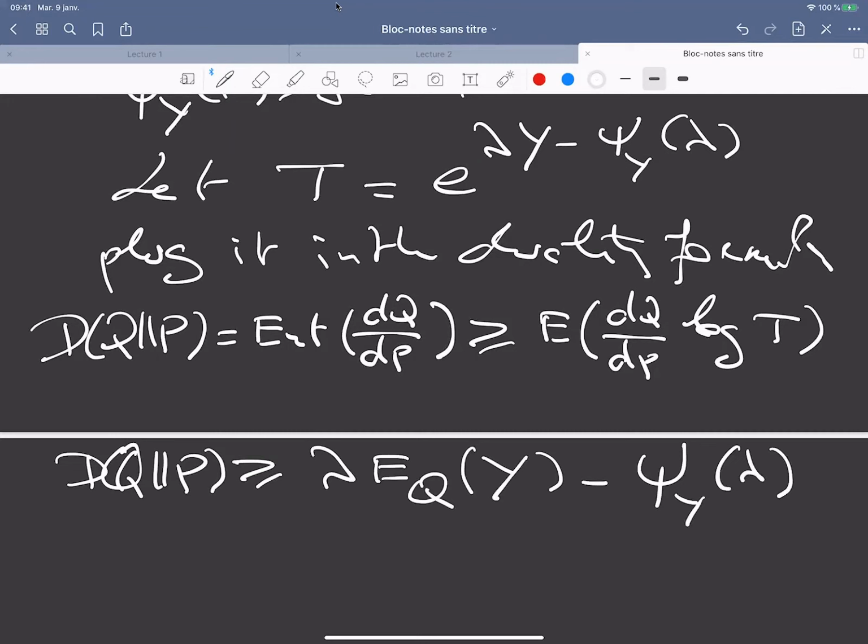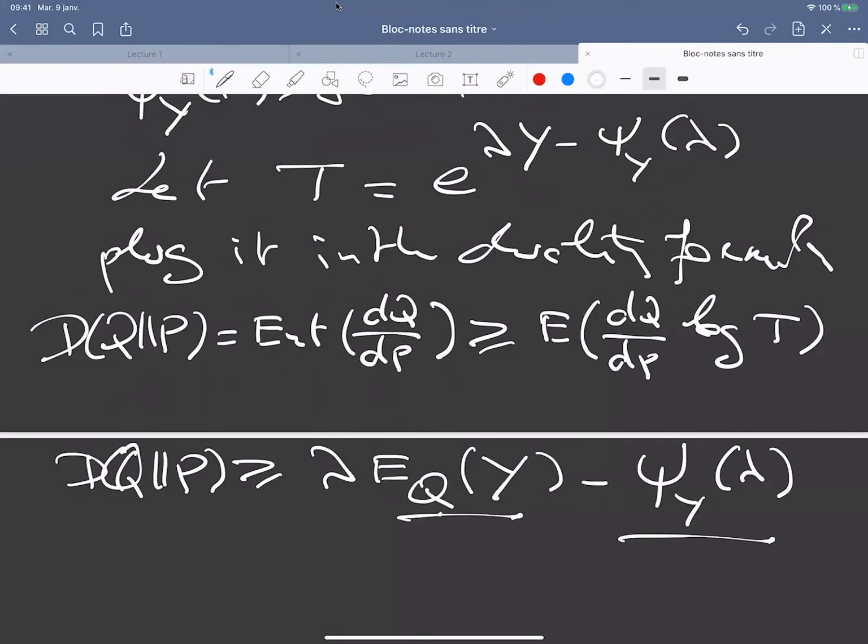Just because when you look at the log of t, you have lambda y which appears, and you have to integrate it against the Radon-Nikodym derivative, which amounts to computing the expectation under q. So this gives you the first term. And the second term, which appears when you look at the log of t, is a constant, which is minus psi of lambda. And this constant, you integrate it against a density, and you get 1 times the constant.